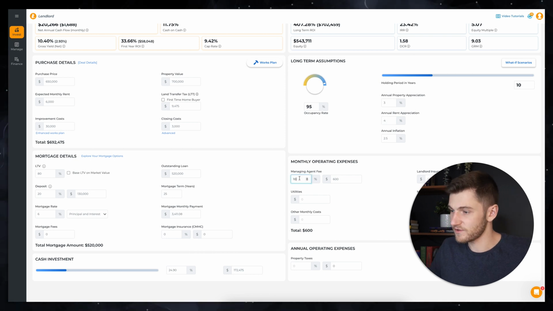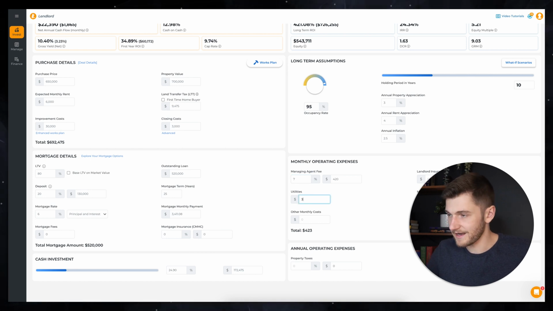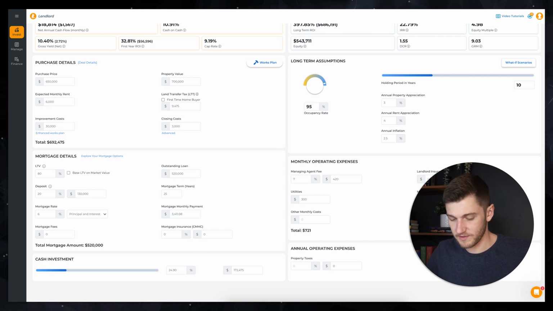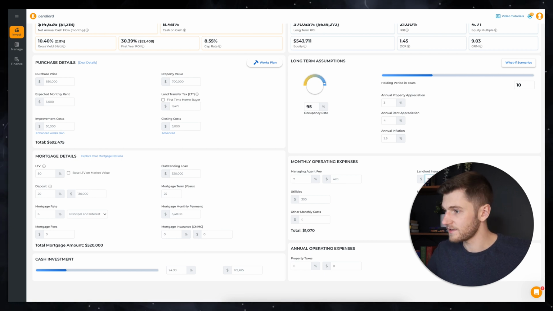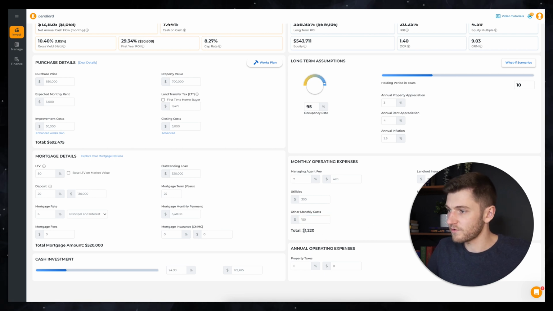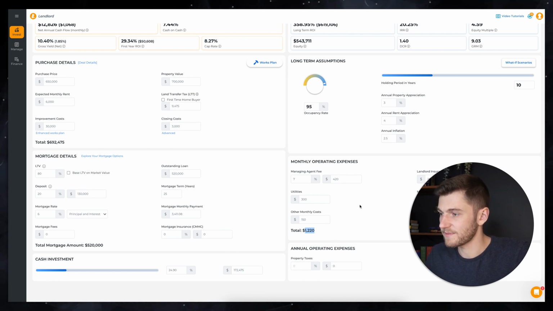Again, management agent fee, we'll put 7% in this case. Utilities, let's say $300. Maintenance, we'll put $50 a door, so $150 a month, let's say, and landlord insurance, $200 a month. Other monthly costs, let's say snow removal, grass, all that, another $150, let's say, for a total of $1,220 in monthly operating expenses.